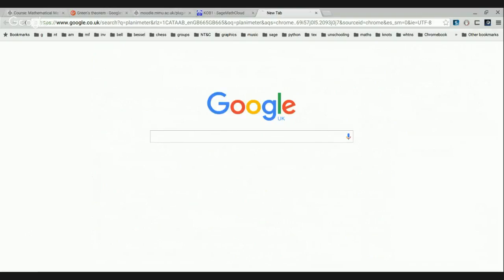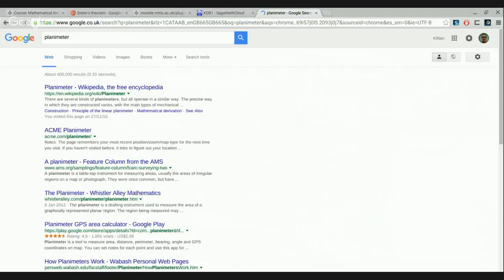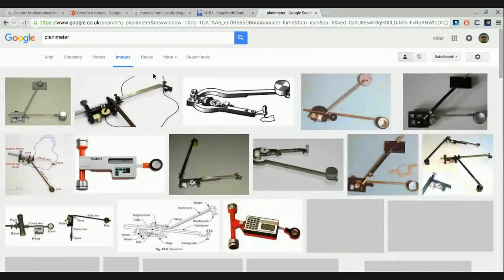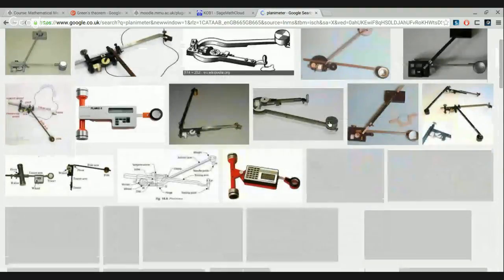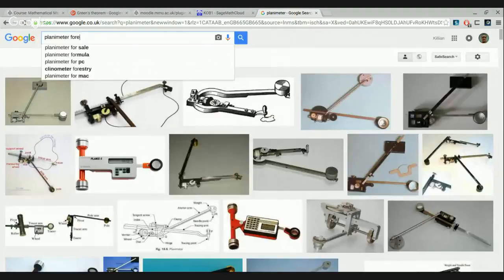And there are devices called planimeters. So planimeters are devices that are generally used on a map. There's a nice picture to show you to do with forestry.